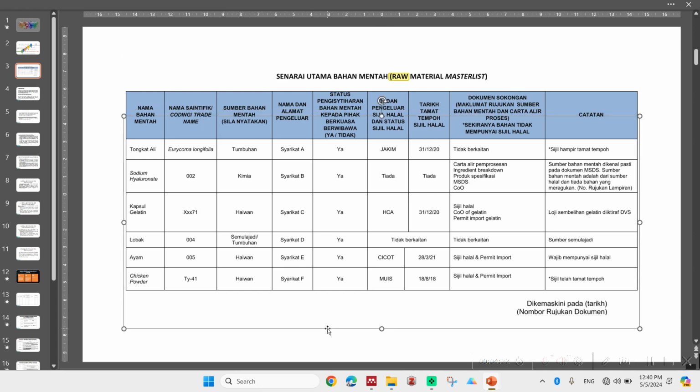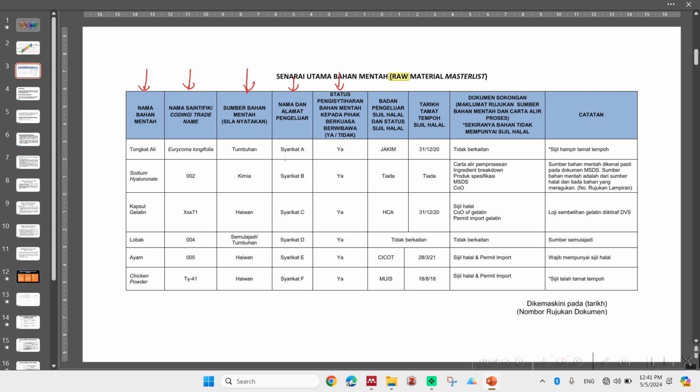If you learned about this raw material master list in the steps before this topic, you need to make sure that all ingredients that you use in your product shall be spelled out in this table. So we have the ingredient list, the scientific name or special name, the source of that ingredient, the manufacturer, and whether it is halal or not.